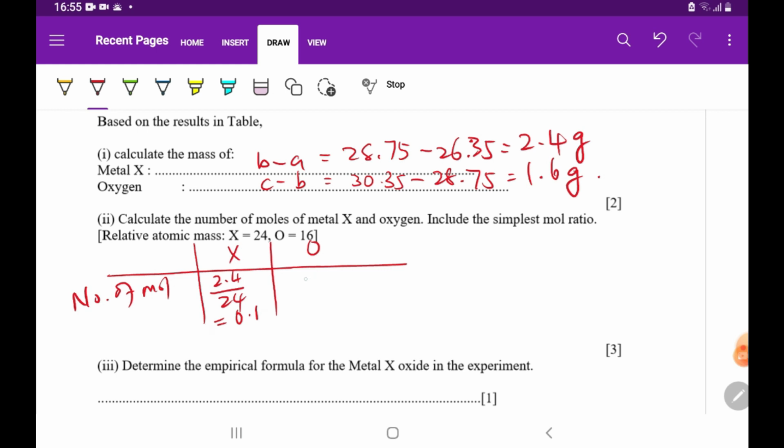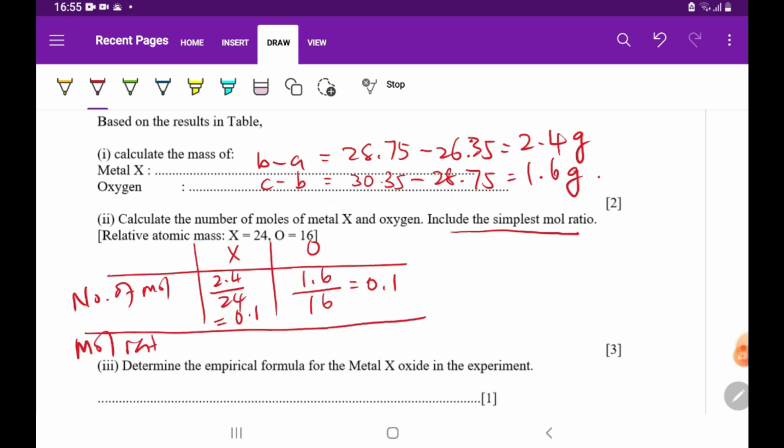Then O is 1.6 over 16, so you also get 0.1. Then include the simplest mole ratio. Both are 0.1, so divide by 0.1, you get 1. This one also you get 1. So the mole ratio is 1:1.